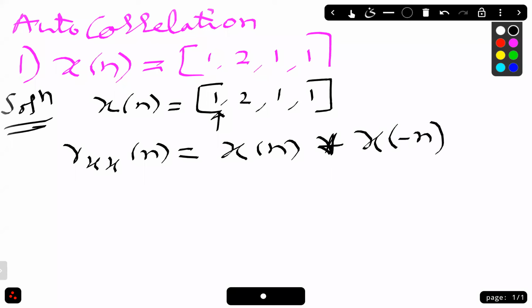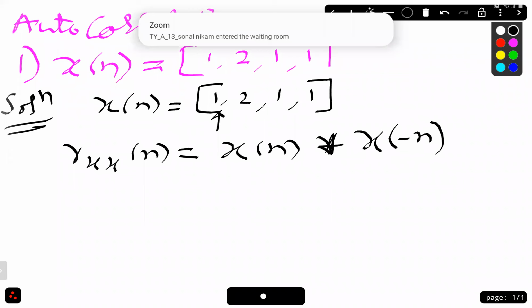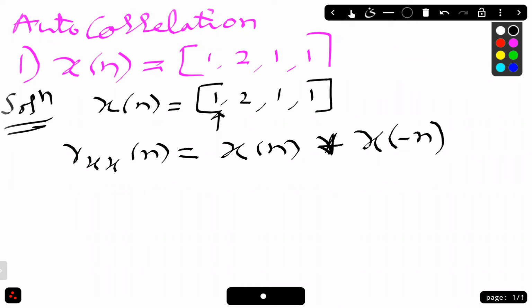Hope you are understanding this, because autocorrelation is a correlation of the function with itself. So that means x of n is convoluted with x of minus n. So the formula for autocorrelation is R xx of n equals to x of n convoluted with x of minus n. Have you understood this?